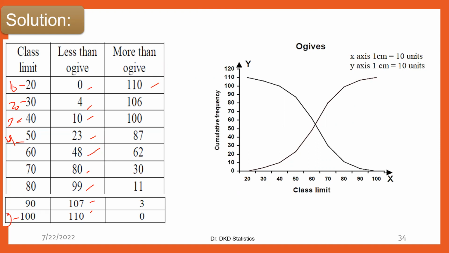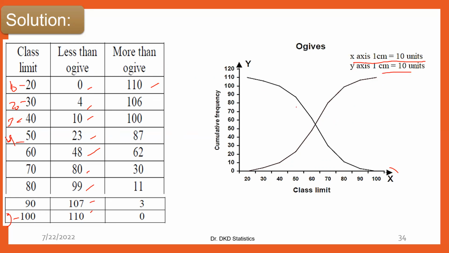For that, we need to see the cumulative frequency. We can draw the x-axis and y-axis. If we are using graph paper, we can apply a scale: on the x-axis 1 centimeter equals 10 units, and on the y-axis also 10 units.